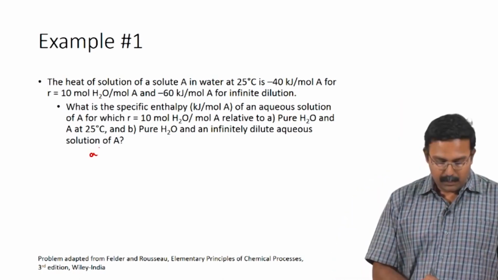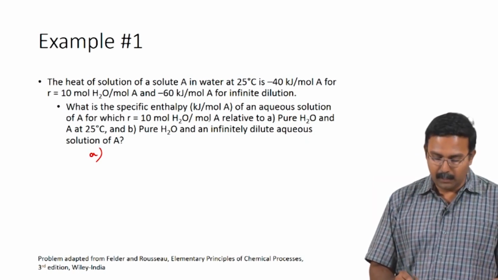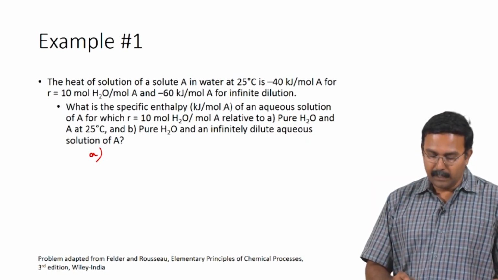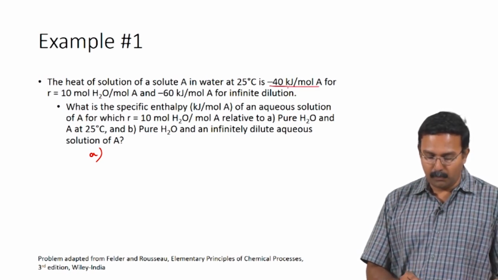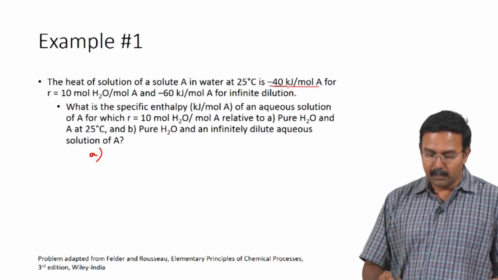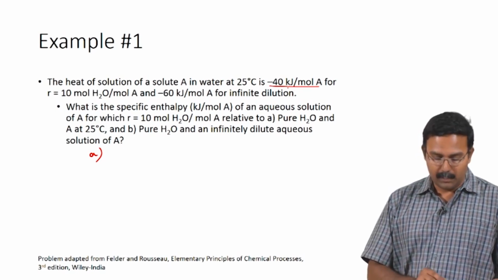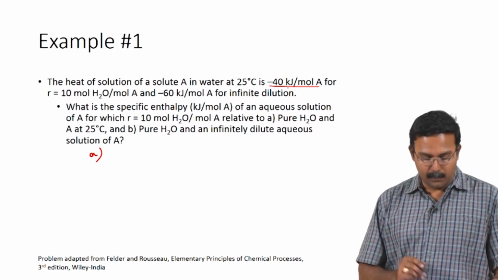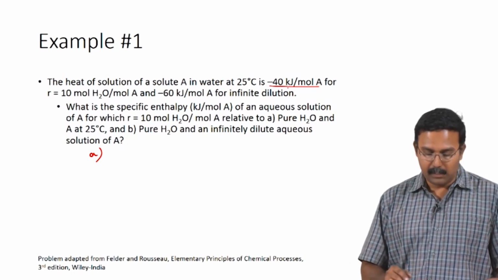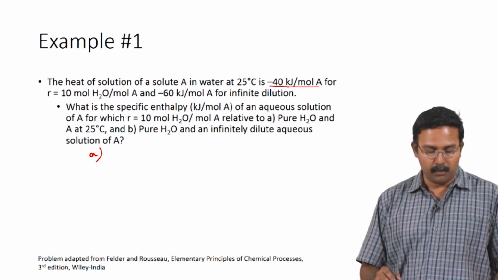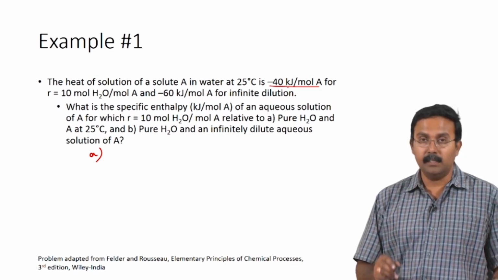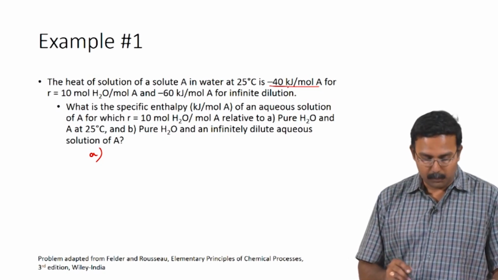So, for the first aspect, we need to calculate the specific enthalpy of an aqueous solution of A with R of 10 moles of water per mole of A relative to pure water and the solute A at 25 degrees Celsius. So, this means the value we have here directly, minus 40 kilojoules per mole of A, would give us the enthalpy associated with this.